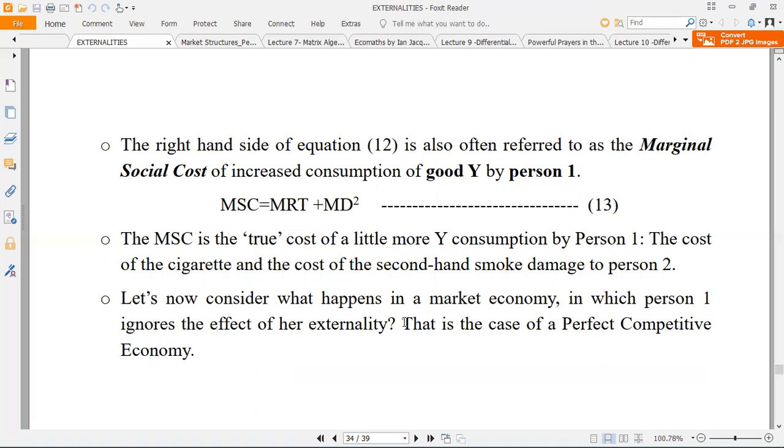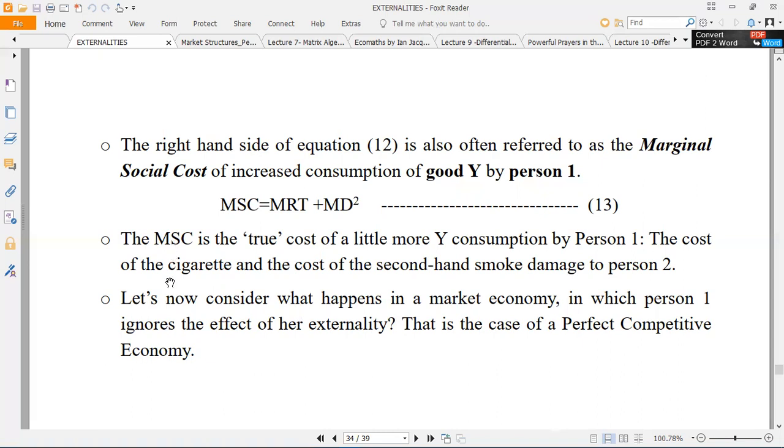So, if the first individual consumes more cigarettes, then the cost to the entire society will be measured by the sum of the marginal rate of transformation and the marginal damage. That is the marginal social cost, the MSC.